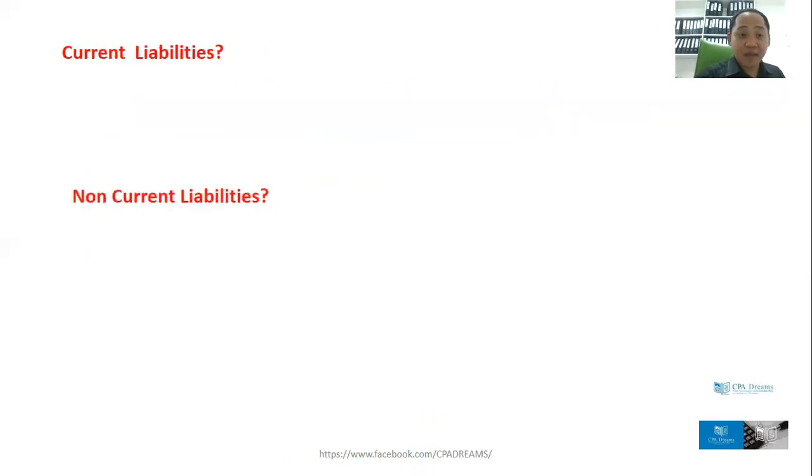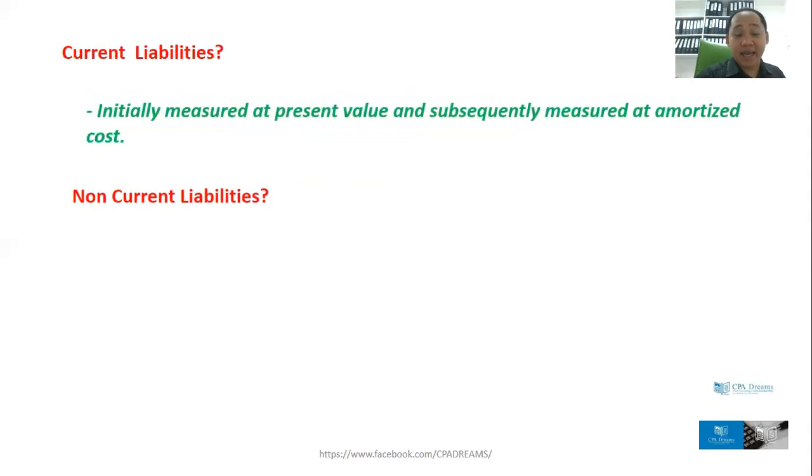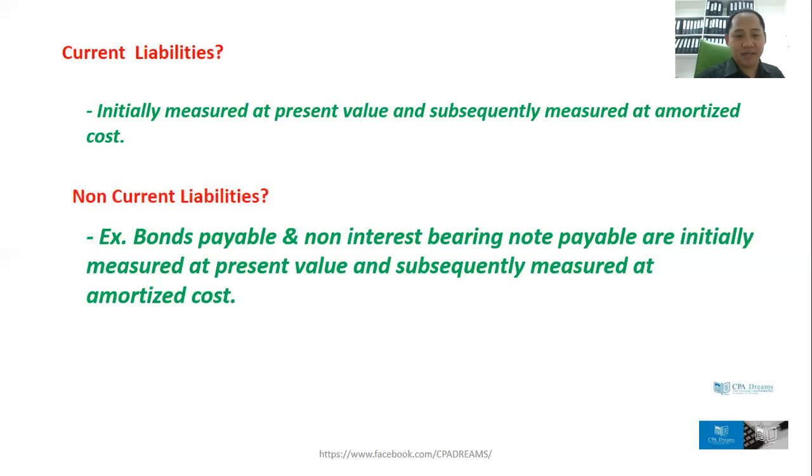Okay, current liabilities, again, the measurement is initially measured at present value and subsequently measured at amortized cost. Non-current liabilities, like for example, bonds payable and non-interest-bearing note payable, are initially measured at present value and subsequently measured at amortized cost.